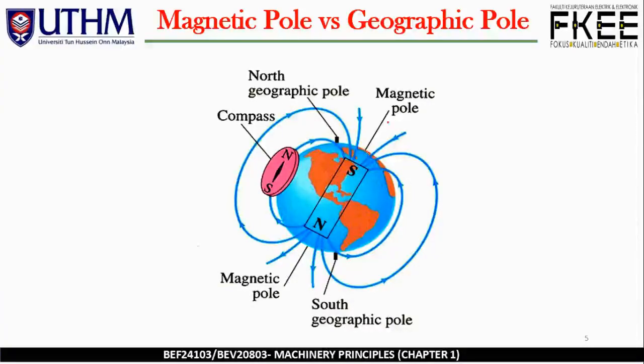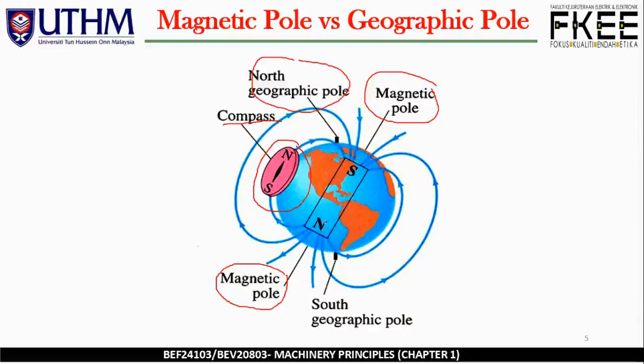But once you see the compass, it shows the opposite direction of magnetic fields. So the North geographic pole over here, and this is again the magnetic pole. These are magnetic poles representing the North Pole as well as the South Pole. Again, this is for the geographic pole.